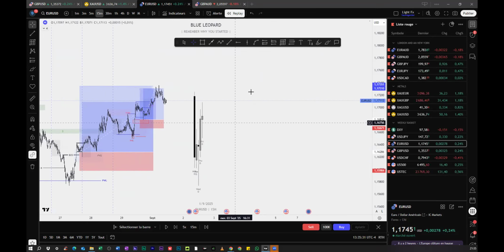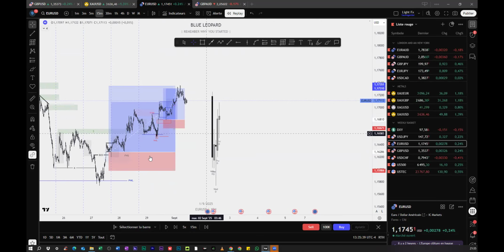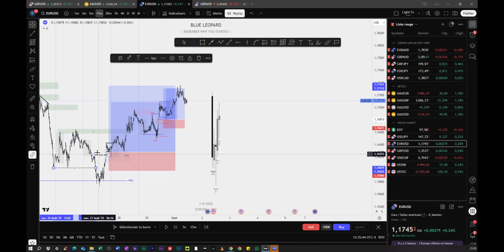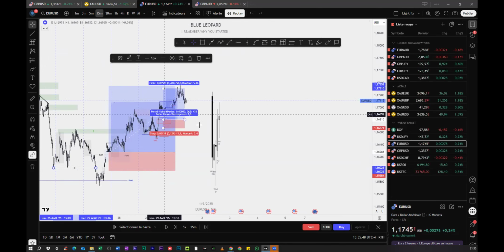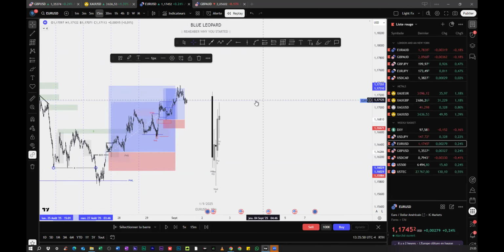As soon as you spot a reversal, like a candle reversing in the other direction, expect it to go the other way. You can come on a lower time frame, find a sweep and a break of structure, and wait for price to come back inside our range, and then we can push this price up.